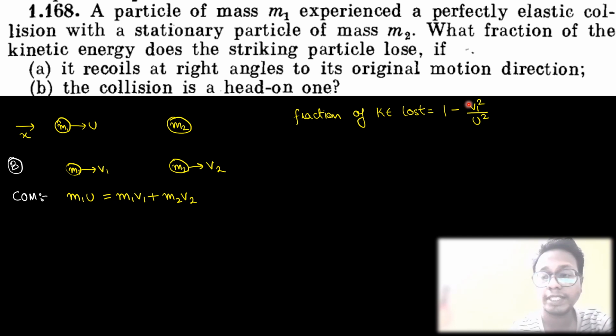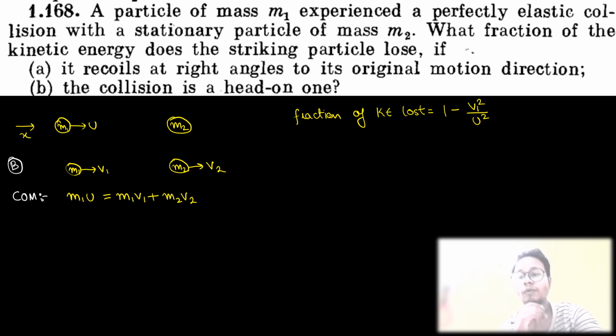So I have to find out the same thing basically, but with a little bit different, easier set of equations. Now I can apply conservation of kinetic energy here, but you know what would be much simpler? Using coefficient of restitution.